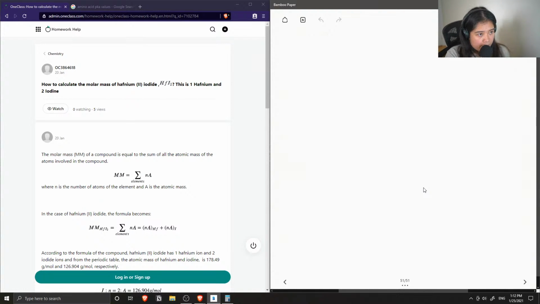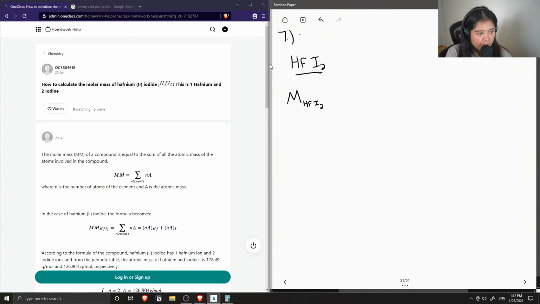Okay, so question number 7 is, how do you calculate the molar mass of hafnium-2 iodide, HfI2? This is 1 hafnium and 2 iodines. Okay, so hafnium isn't a commonly used element, so that's pretty interesting that they would include it in this question.